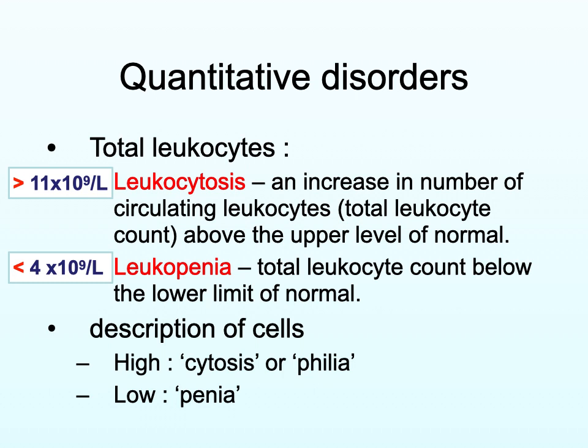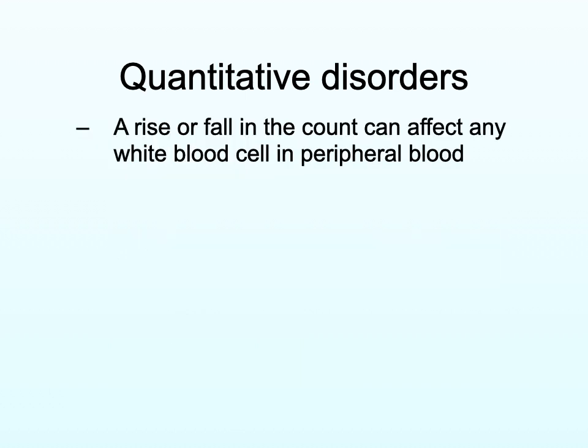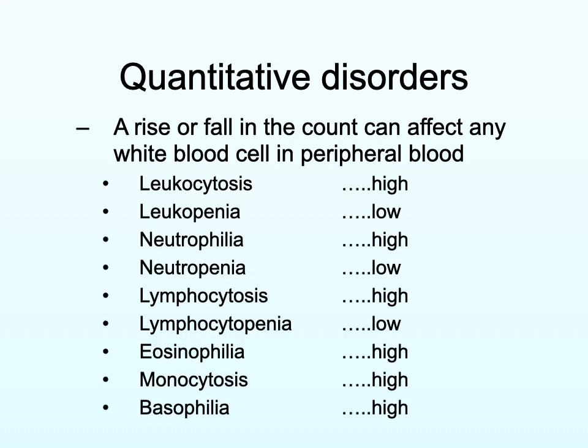Quantitative disorders are the description of the number of cells. When the number of cells is higher than normal, we add the suffix cytosis or philia. When the number of cells is lower than normal counts, we add the suffix penia. Any white blood cells in the peripheral blood can be affected in quantitative disorders.